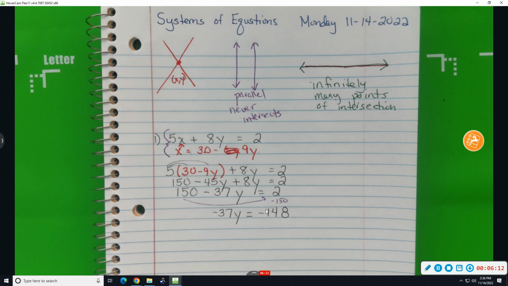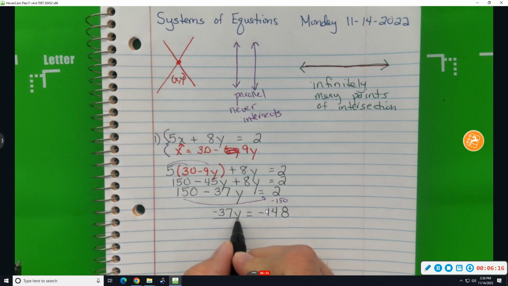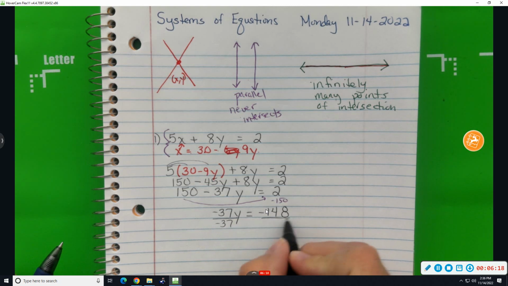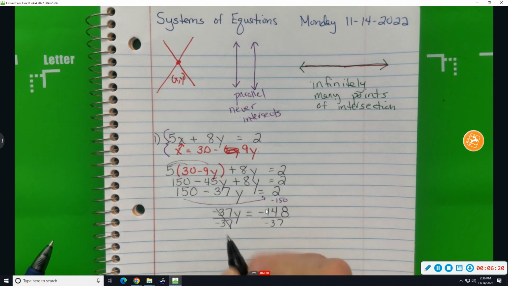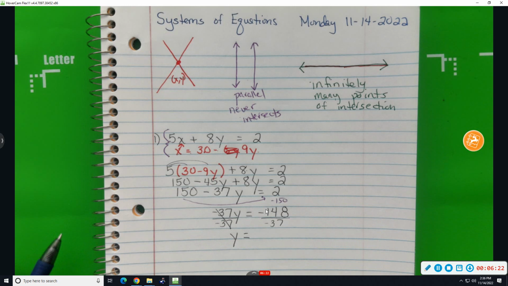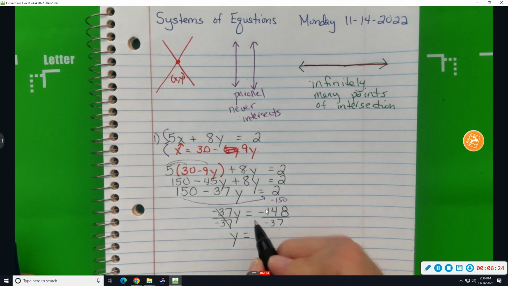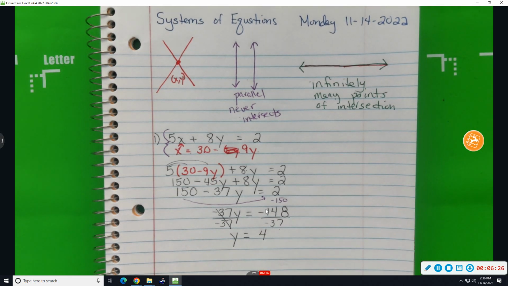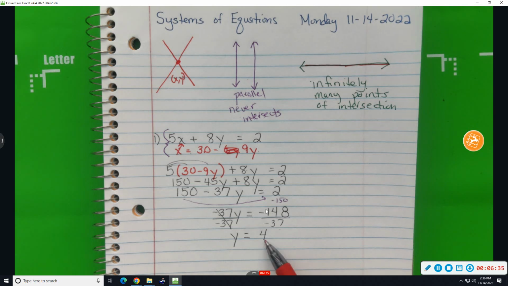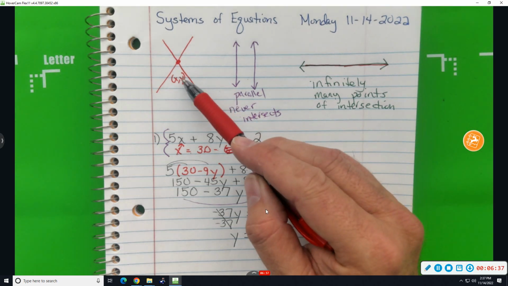And then divide both sides by negative 37. And we get y equals positive 4. Now, when you have two lines intersecting, your answer is an ordered pair.